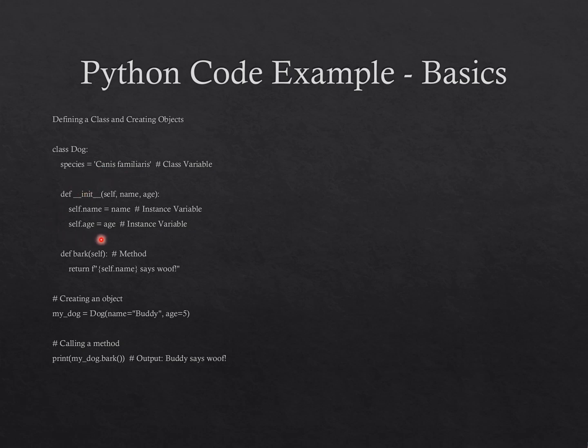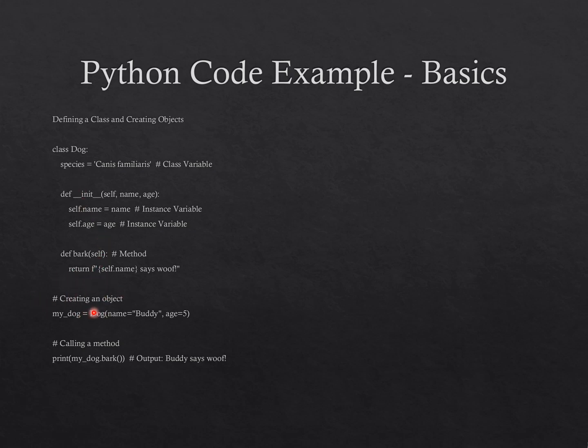And this is an initialization function, or you can say a constructor of that class, where you have defined some instance variables. Name and age are called instance variables, which are specific to the object created from this dog class. And this is a method inside this class.